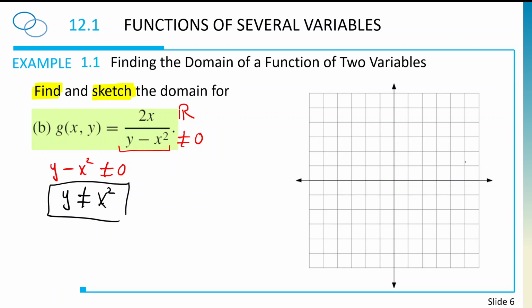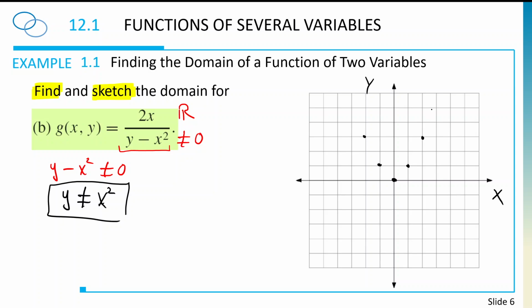Okay. What do we know about y equals x squared? How does it look like? It's the parabola, right? Let's try to graph the parabola y equals x squared. So the vertex is at 0. We know it's concave upward. So let's take some points: 1, 1, 2, 4, approximately. And it's symmetric to the other side.